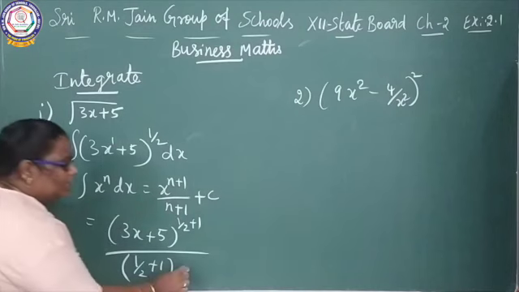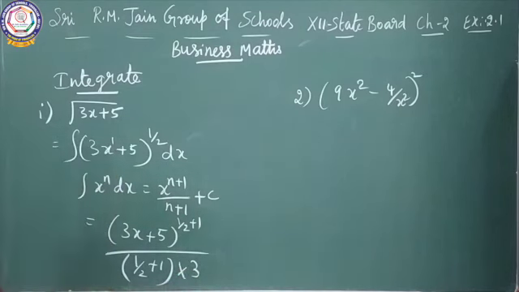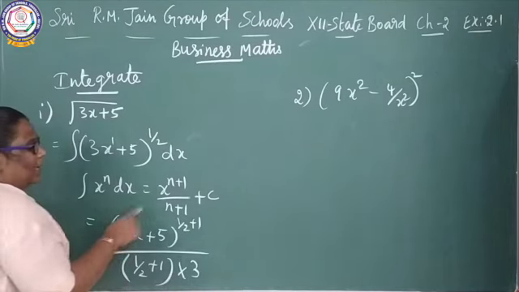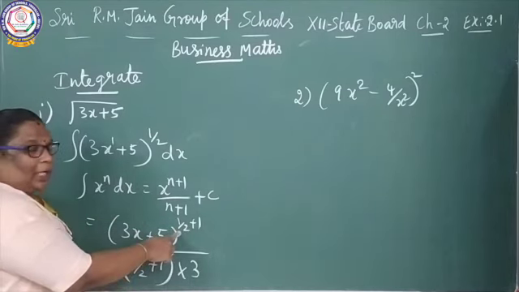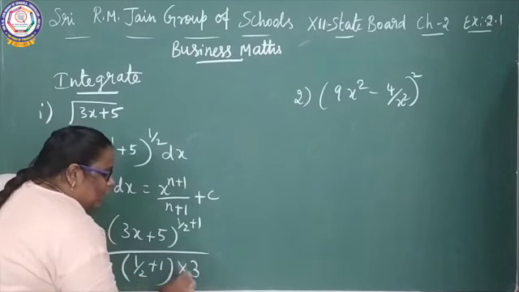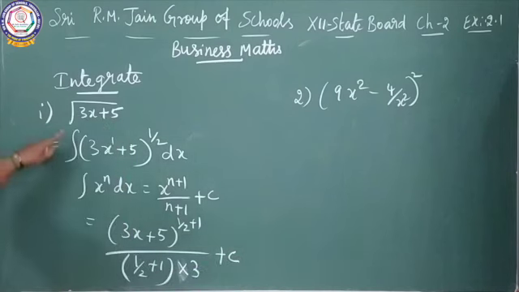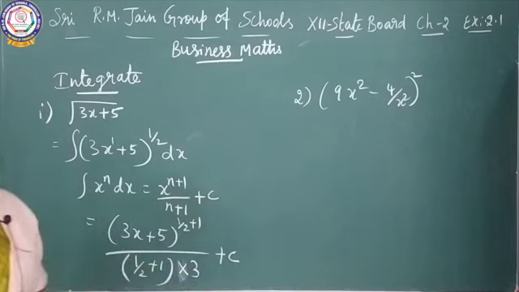You write it in the denominator. So n plus 1, where n is 1 by 2, into 3, plus c, because there is no limit. If a limit is there, you don't put c, but if there is no limit, you should write plus c. C is an arbitrary constant.